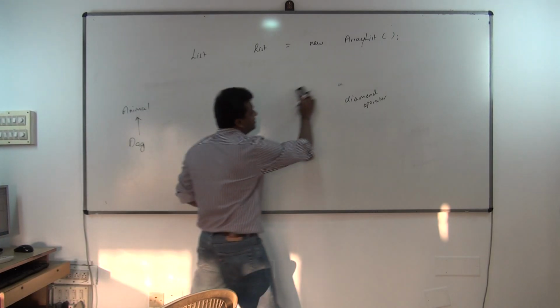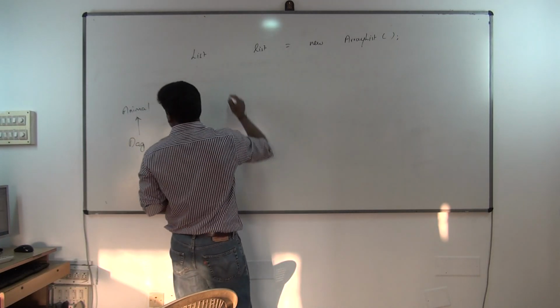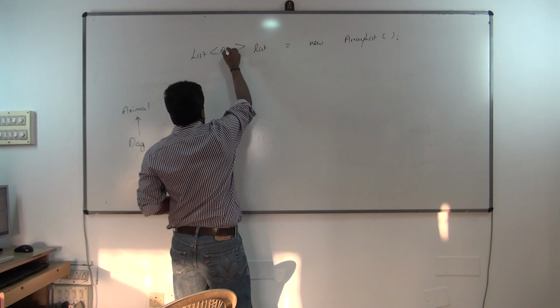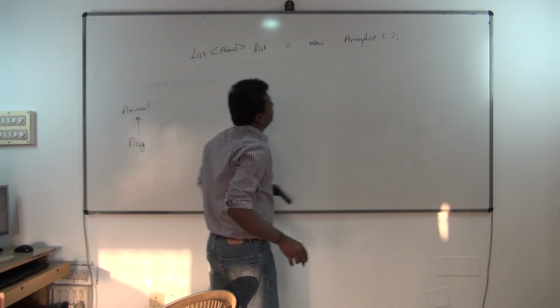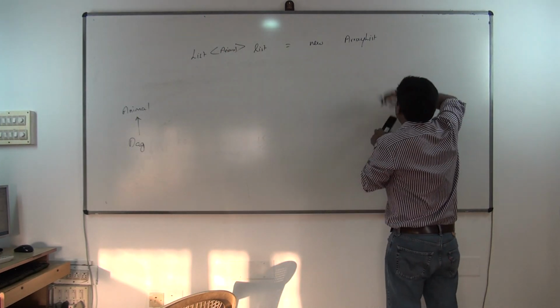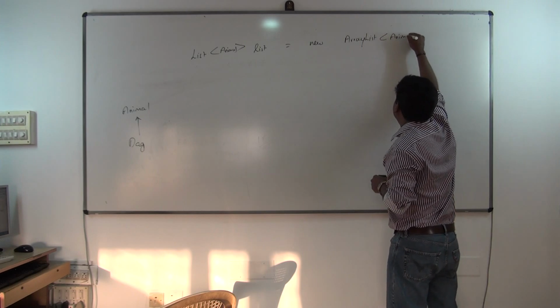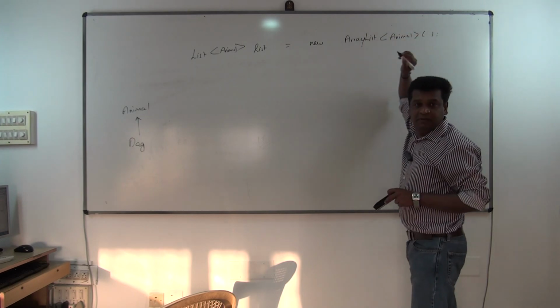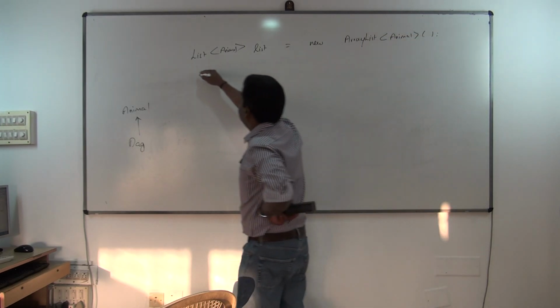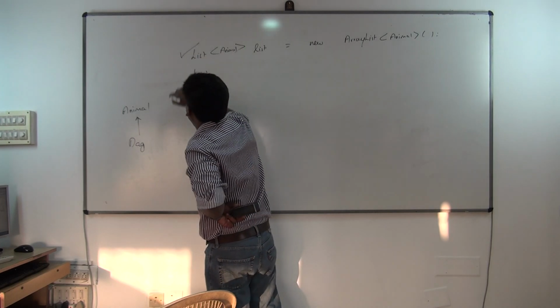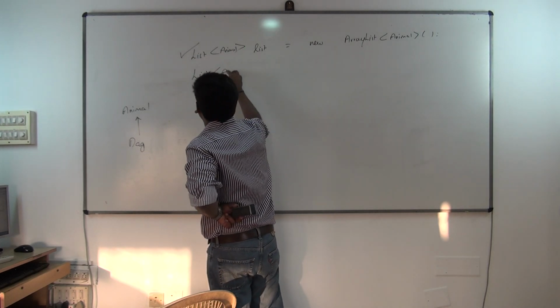But when it comes to generics, List of Animal equals new ArrayList of Animal is valid. But a List of Animal referring to a List of Dog, this goes wrong.